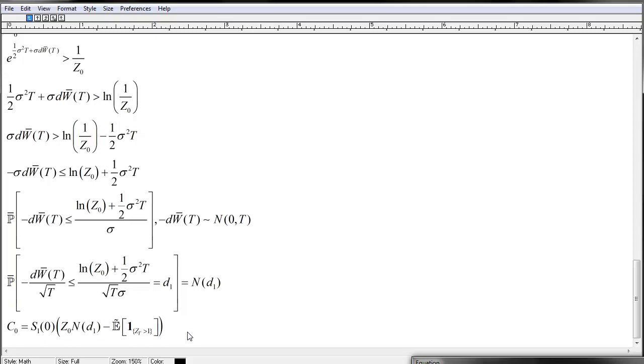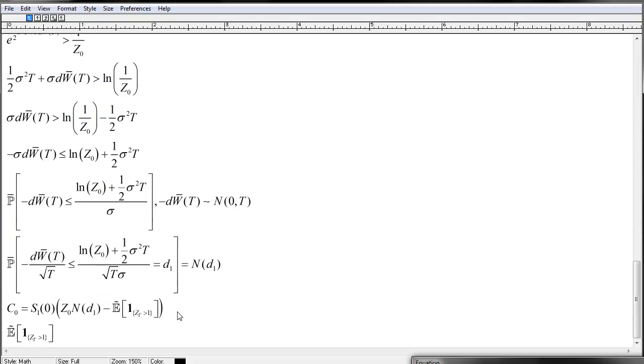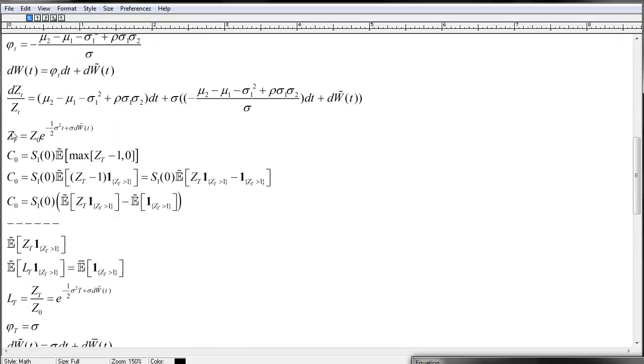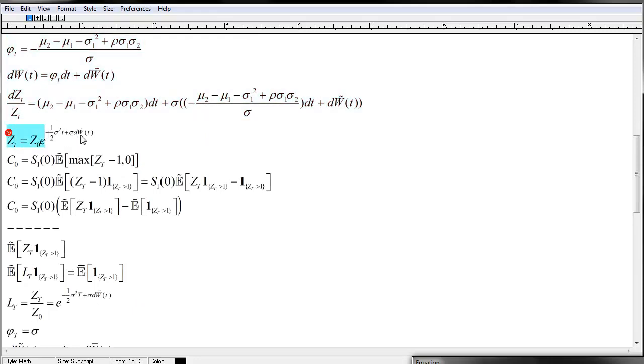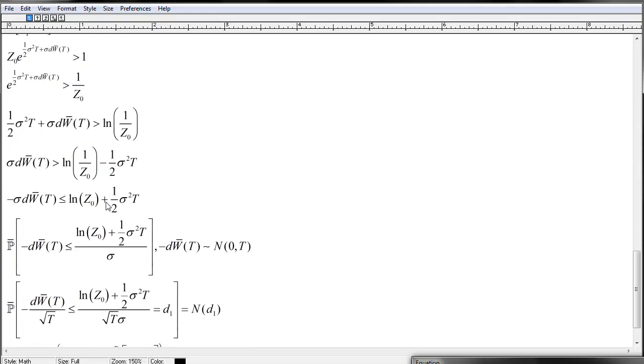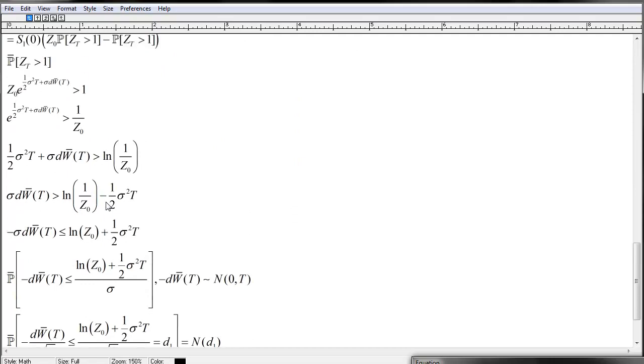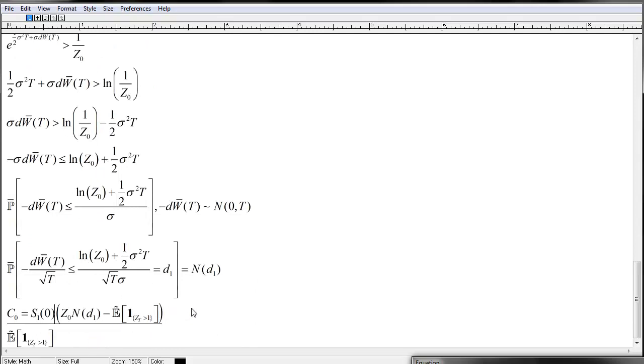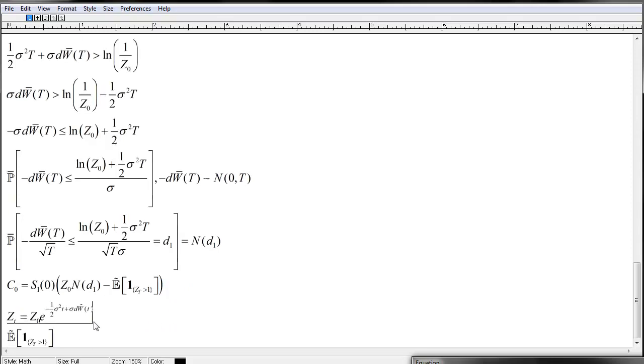And in a similar fashion, we can solve this one. It's not difficult to evaluate. We have the dynamics over here. So here are the dynamics of that, and this is the probability.